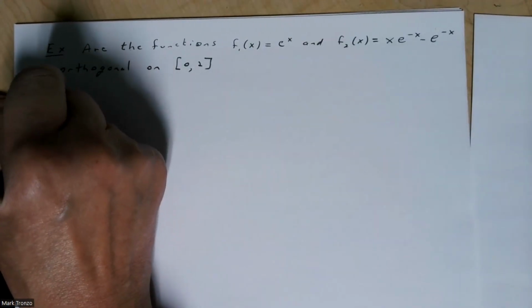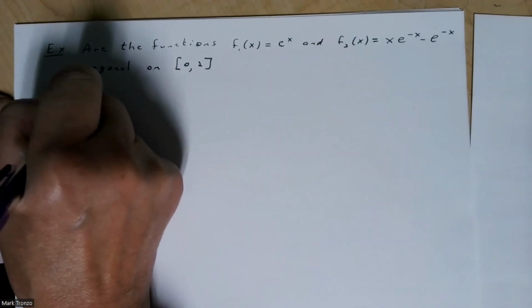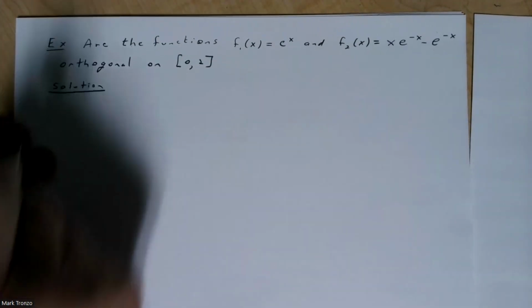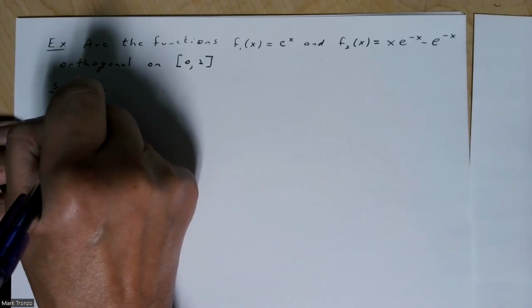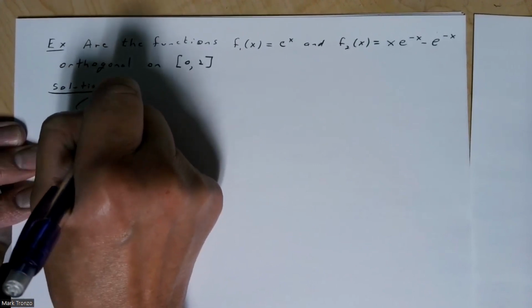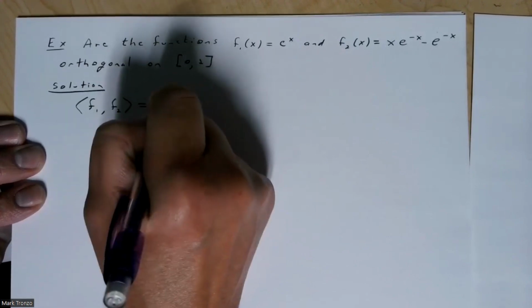So let's take a look at that. Remember, they're orthogonal if their inner product is 0. And since we're dealing with functions, let me just write a simplified notation here.